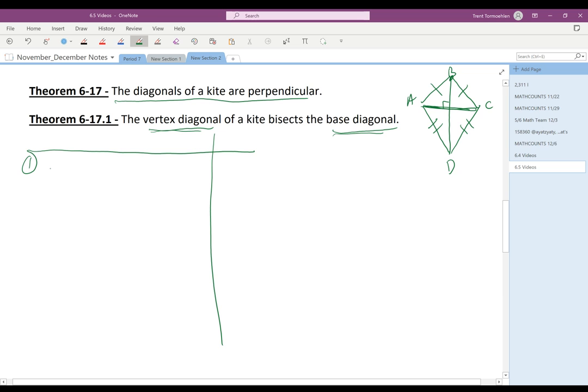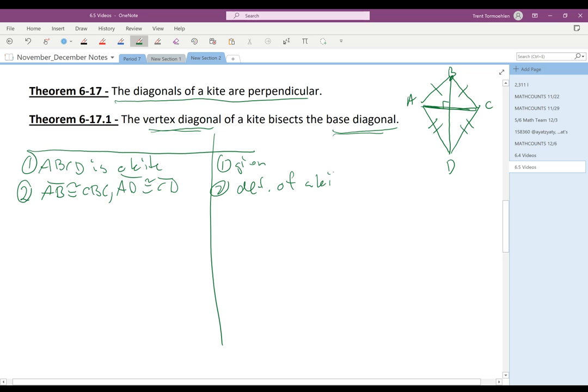So we know that ABCD is a kite. That's what we're given, which means that AB is congruent to BC, and AD is congruent to CD by definition of a kite.